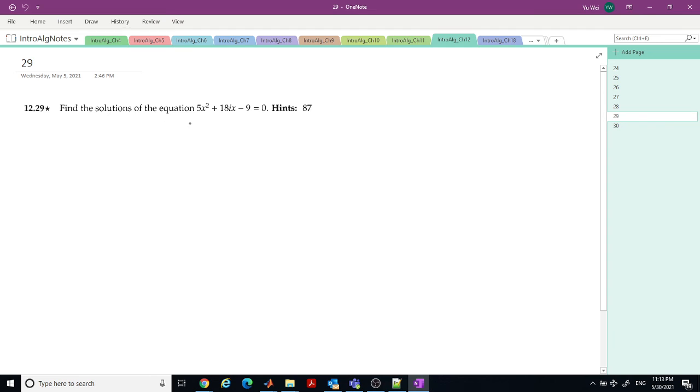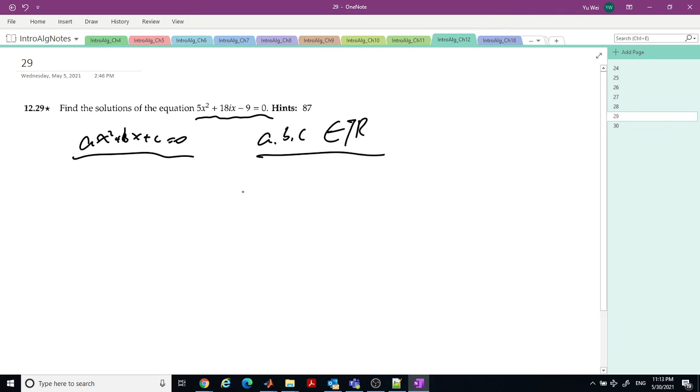So next, this one is the same thing. We have ax squared plus bx plus c equals 0, and before, when we talked about quadratics, a, b, c belonged to the real numbers. And here a, b, c belong to the complex numbers. It's the same thing, no difference.